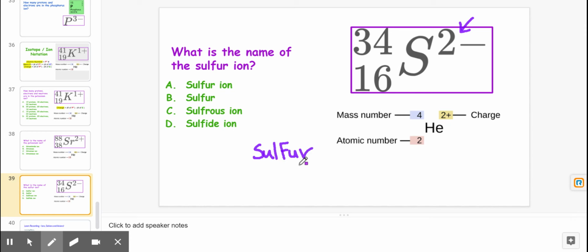You need to change the ending to IDE, so we have to drop the ending and make it IDE. And then we have to add ion. So our name is sulfide ion because this is an anion, and those are the rules for naming anions.